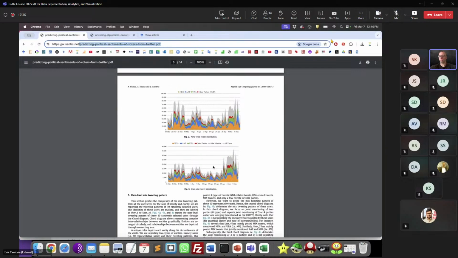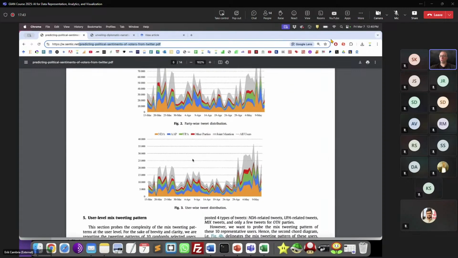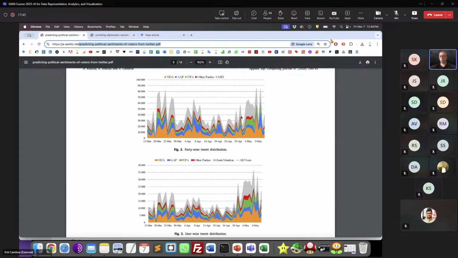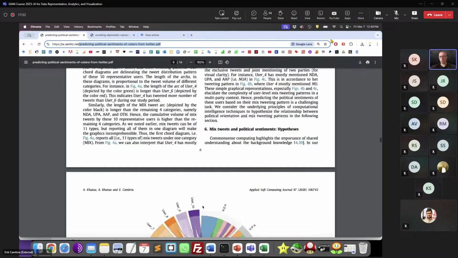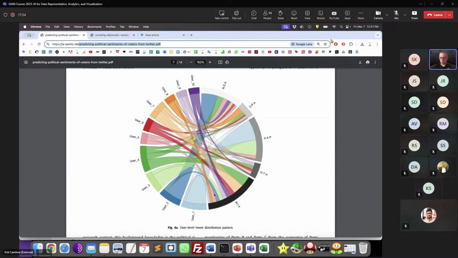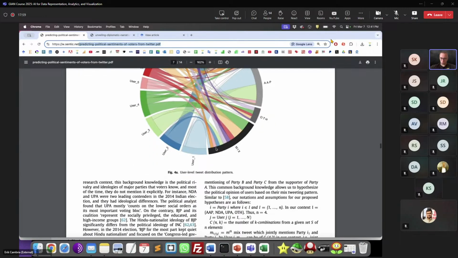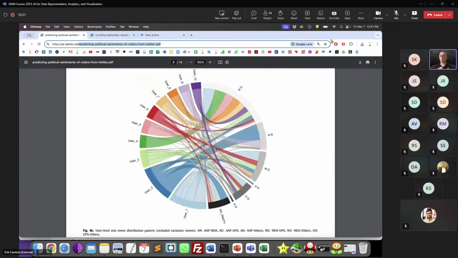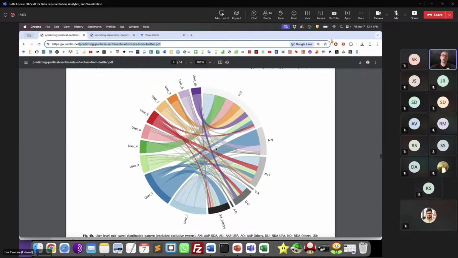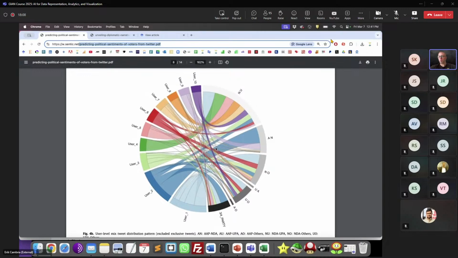Especially if you're talking to an agency or someone who's not tech savvy, it's important to have good visualization tools that can better show things like party-wise tweet distribution or user-wise tweet distribution, and more importantly, how different personas and users connect to each other. What are the interrelations between different users, user groups, personas, political parties, and so on?